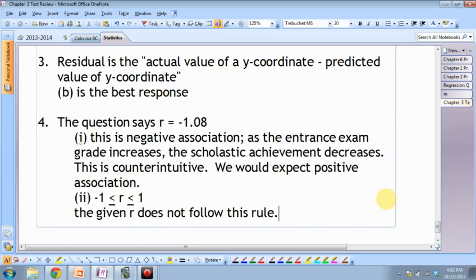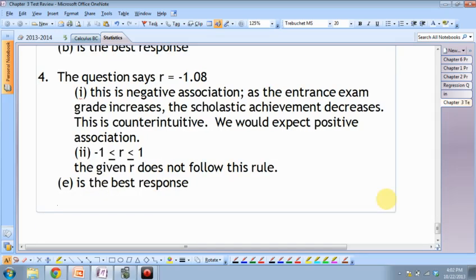So the sassy correct answer is letter E. You can't report a correlation as negative 1.08.